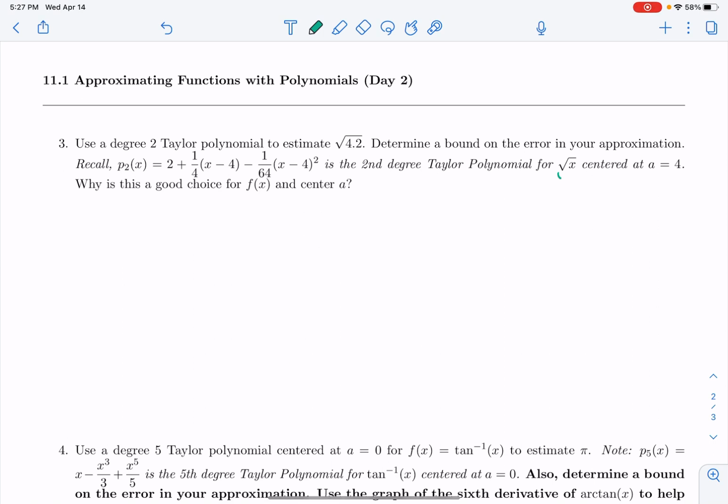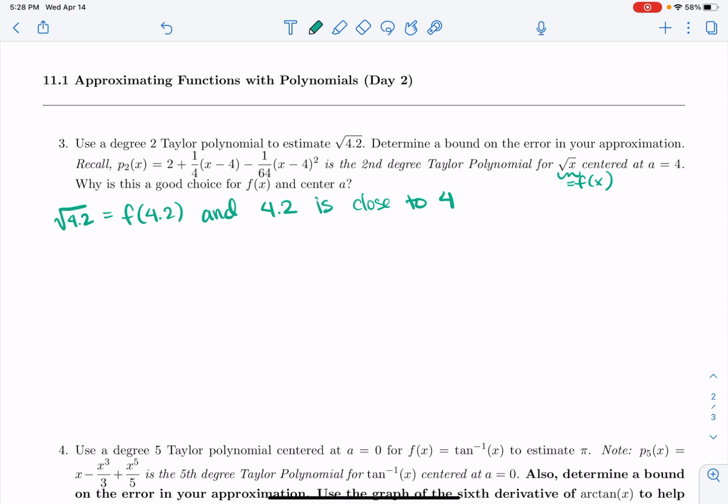So this again is going to be our f of x here. Why is this a good choice for f of x and center a? Let's see. Square root of 4.2 would be equal to f of 4.2, and 4.2 is close to 4. So that's my justification, and that's good enough.